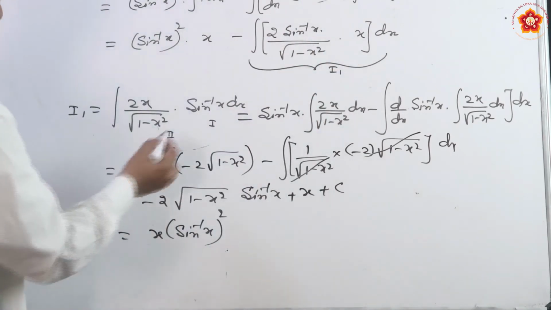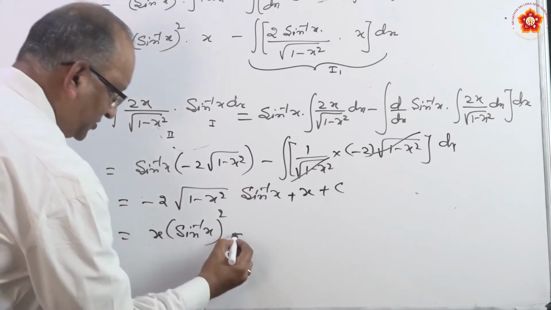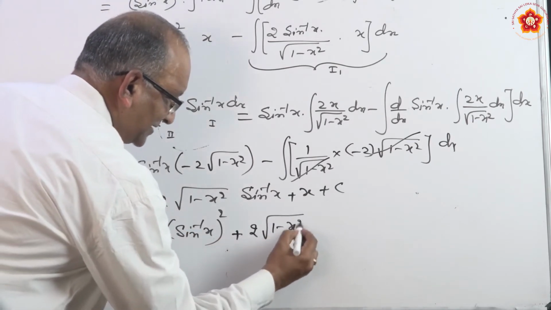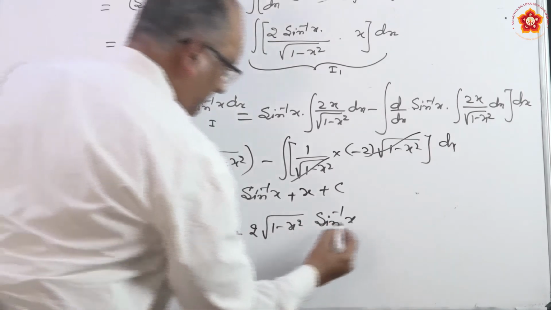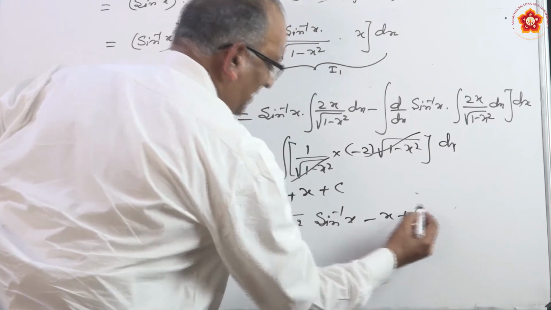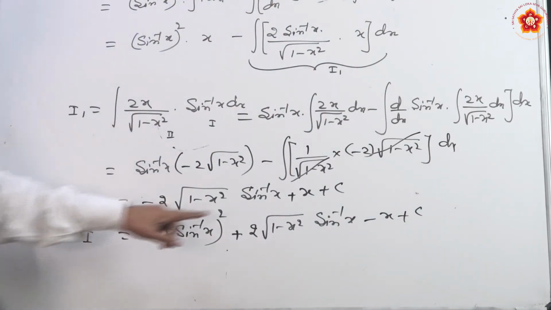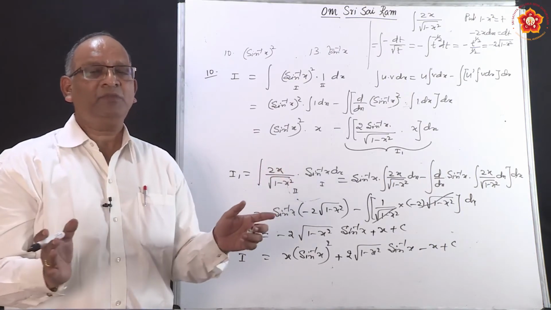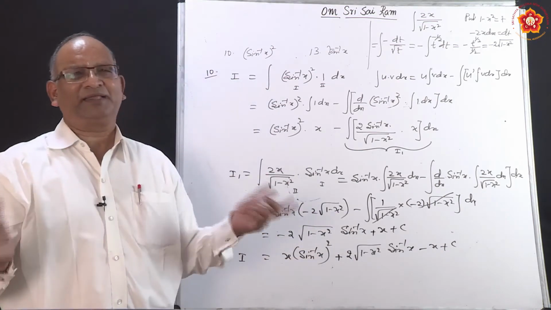This value we have found out; remember both will get multiplied with minus, so it will become plus 2 under root of 1 minus x square sine inverse x minus 2x plus c or minus c, that does not matter at all. This is the answer. If you want to write the simplified form, you can take sine inverse x common and put the things together, but that does not matter.